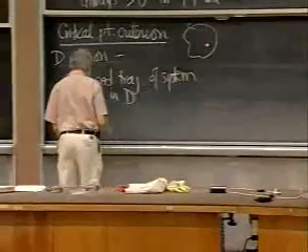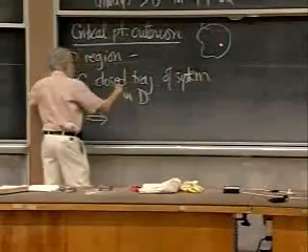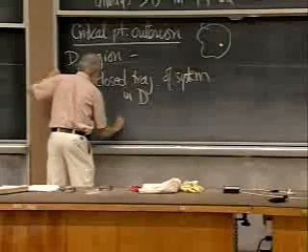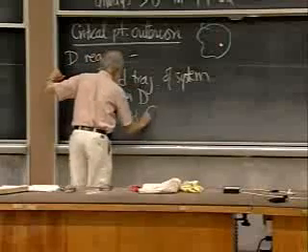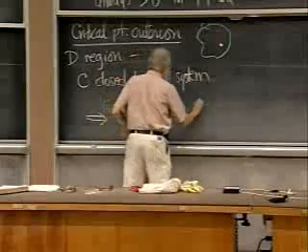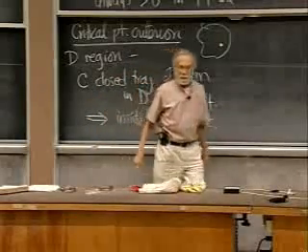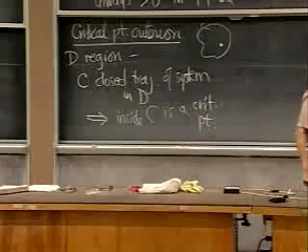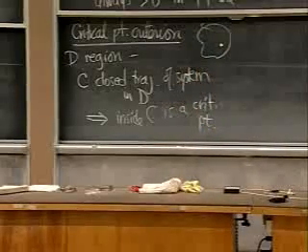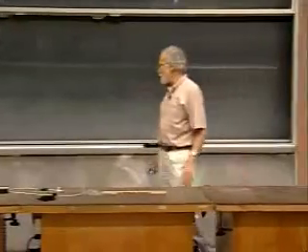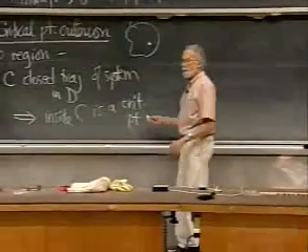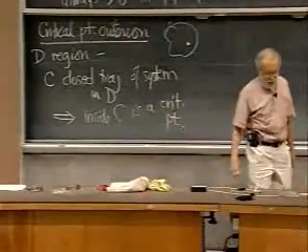Okay, it says that inside C is a critical point. Now, that's not going to help us with the existence problem. This won't help us find closed trajectories.